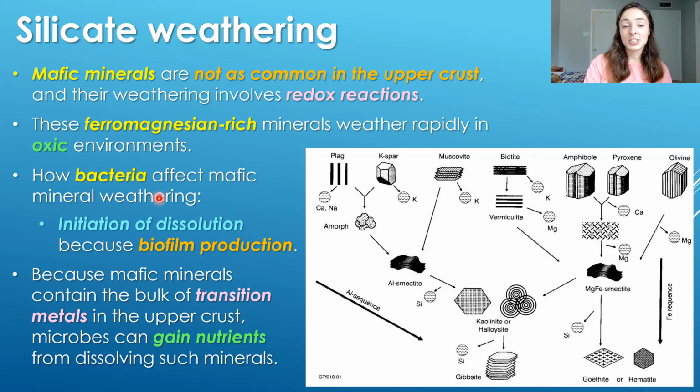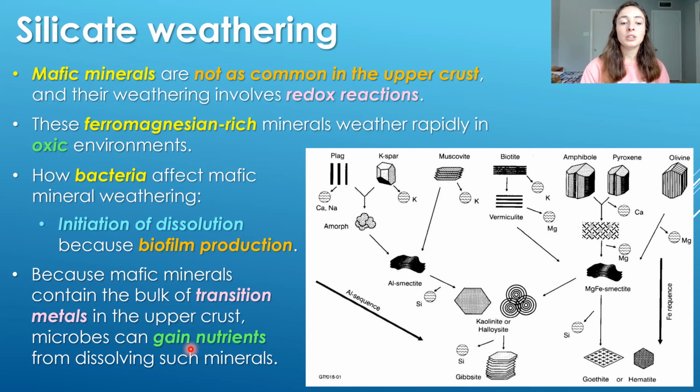So how might bacteria or other microbes actually play a role in this silicate weathering process? Well, they actually have been seen to initiate the dissolution of minerals because of biofilm production at mineral surfaces. And this has been observed to occur more often with mafic minerals because mafic minerals actually contain the bulk of transition metals in the upper crust.